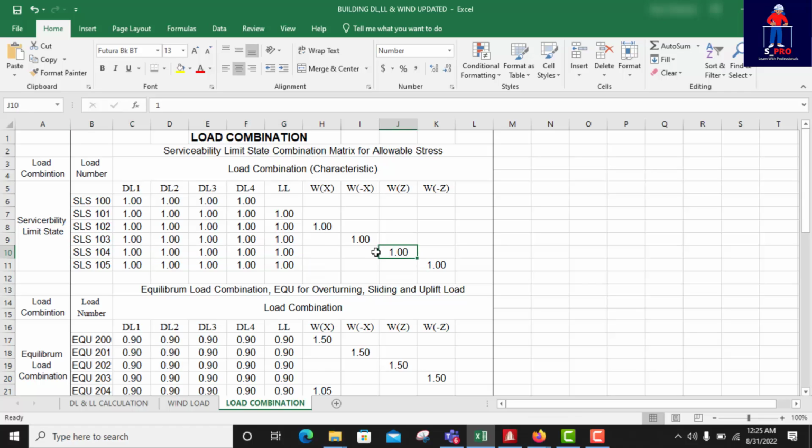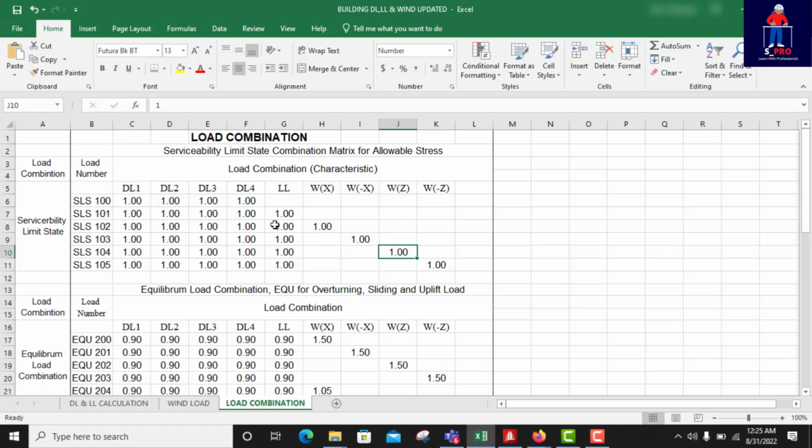The reason being, wind load cannot act in 2 different directions at a time. It must be in one direction at a time. That's why we cannot combine the two directions in one load combination. Wind can only attack in one direction at a time.